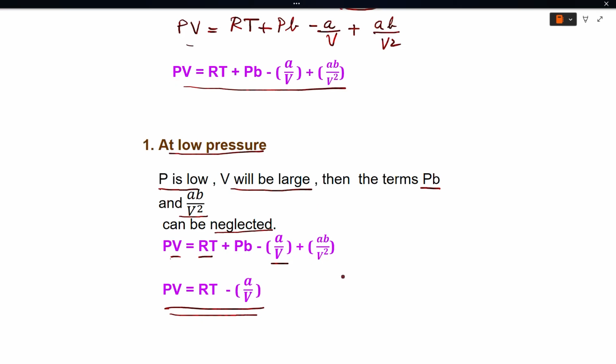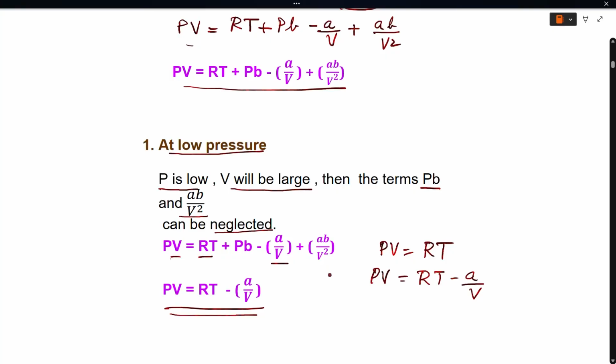What does it mean? Actually, for an ideal gas, PV is equal to RT. Now, at low pressures, the value of PV will be less than RT by a factor a/V.